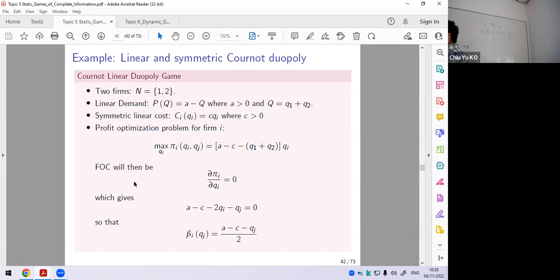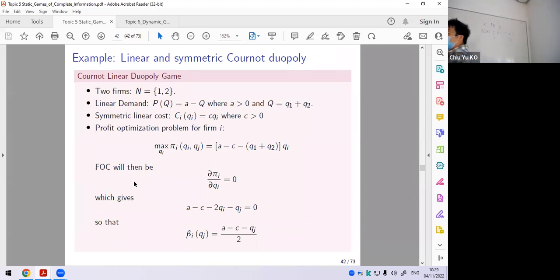But do note that we have to be very careful. This is not done yet. What happens if Q2 is more than A minus C? This is actually not a complete statement, because you should have 0. The reason is that we didn't specify what happens if Q is bigger than A. Anyway, this is the first thing.